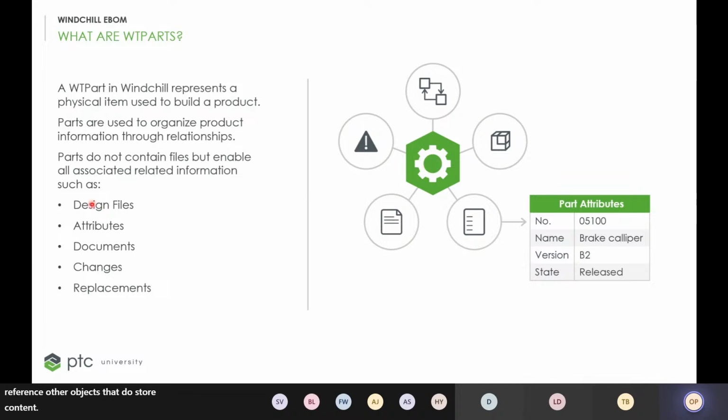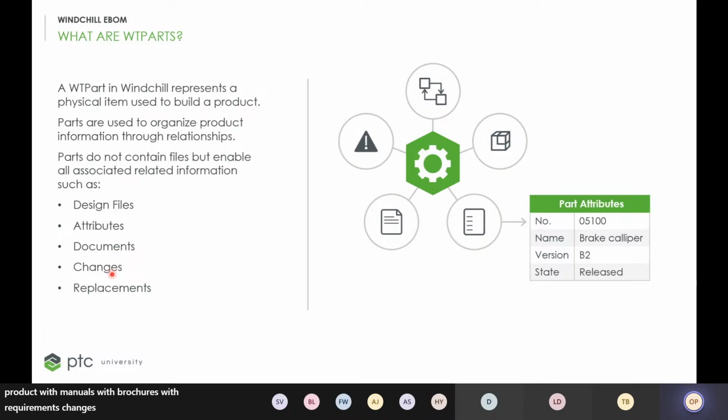And in addition to the design files, the CAD documents, a part will reference other types of objects like attributes for the description. It will store documentation in order to describe our product with manuals, with brochures, with requirements.